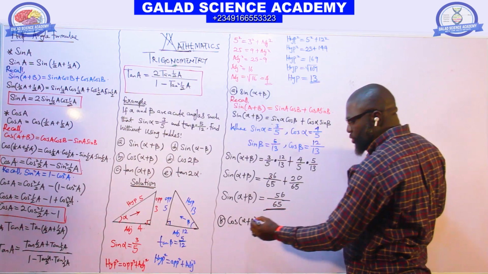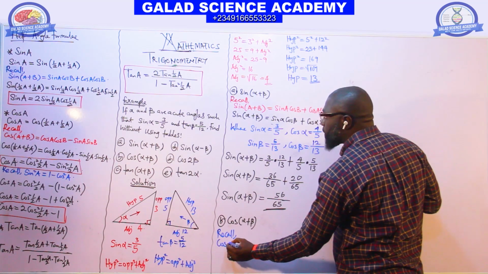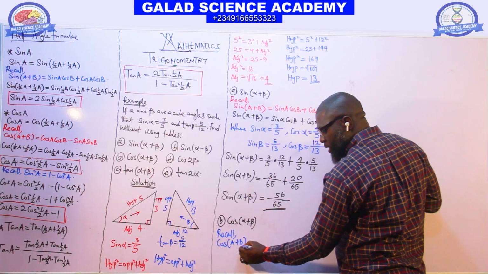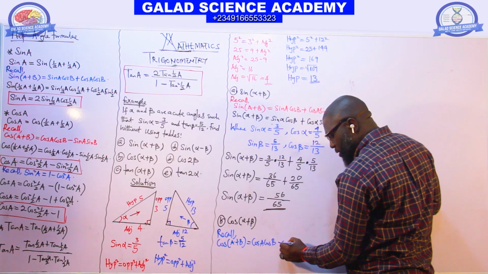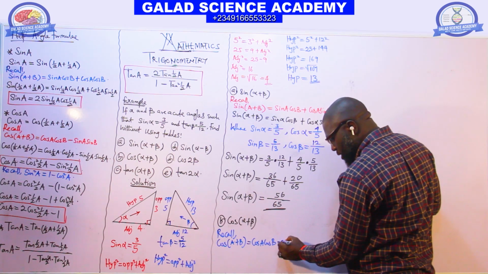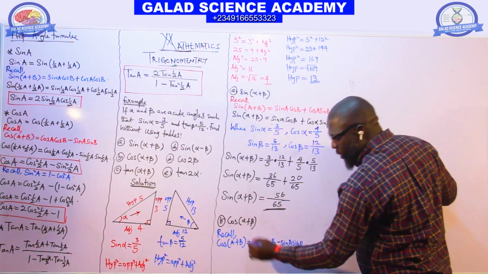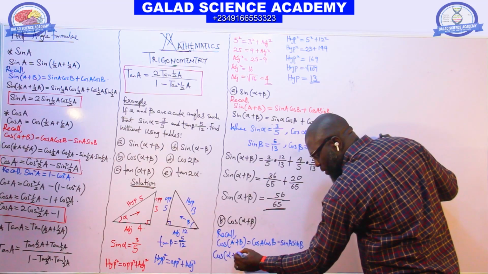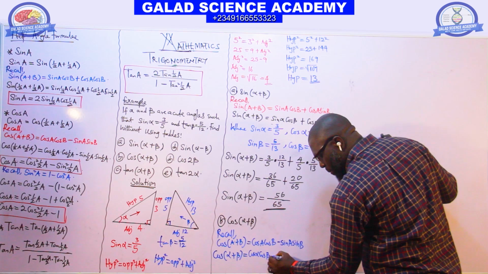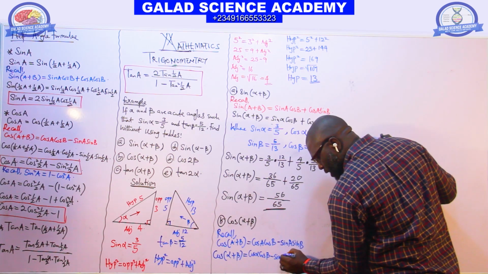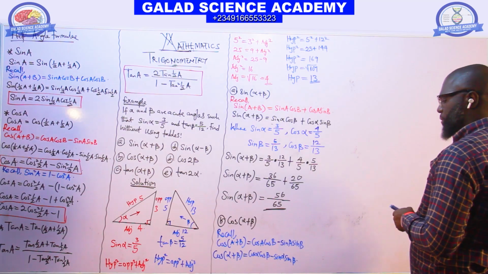We will recall, as usual, that cos of angle A plus B is equal to cos A cos B minus sine A sine B. So from this, you can now have cos alpha plus beta equal to cos alpha cos beta minus sine alpha sine beta.